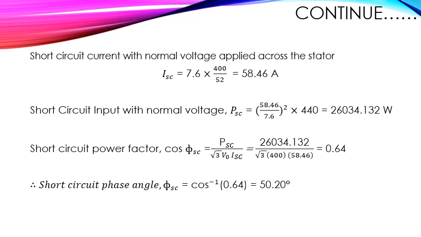Here the values are not as per the given data, so that may be due to some inaccurate values in the question. Now the short circuit current with normal voltage applied across the stator.